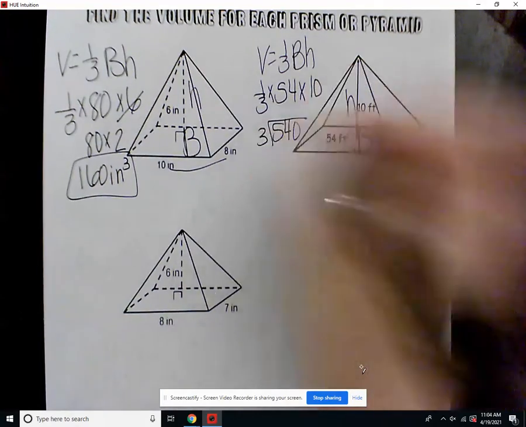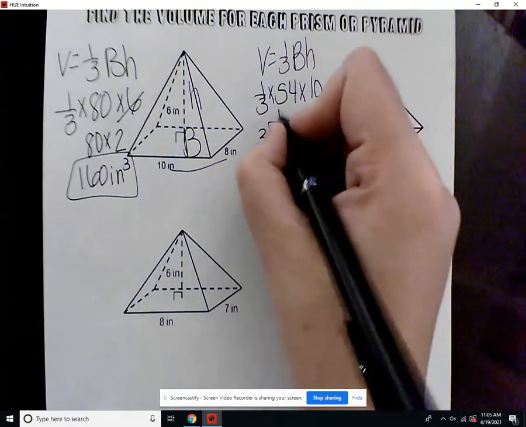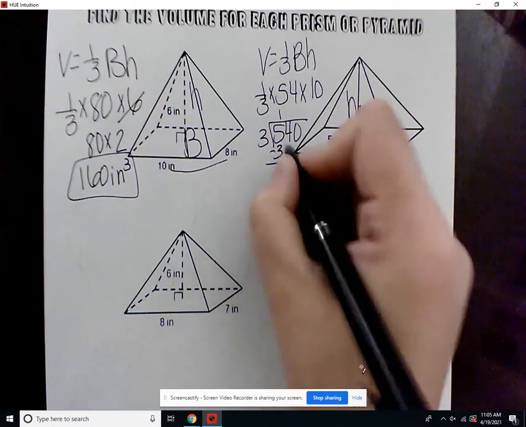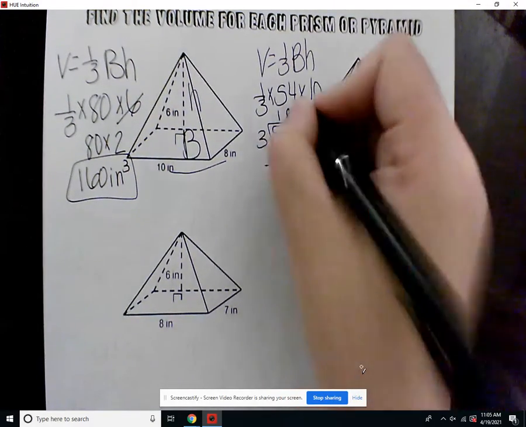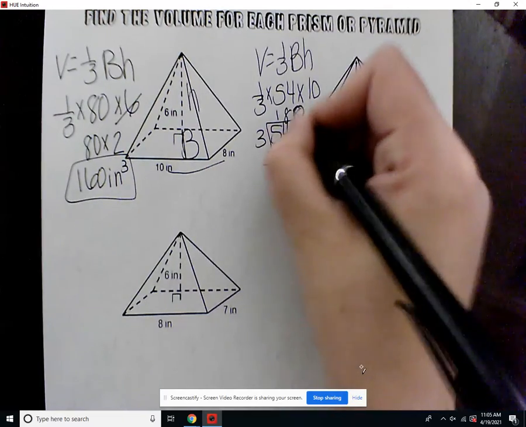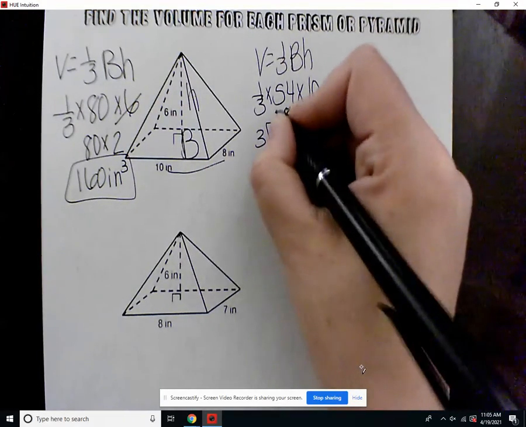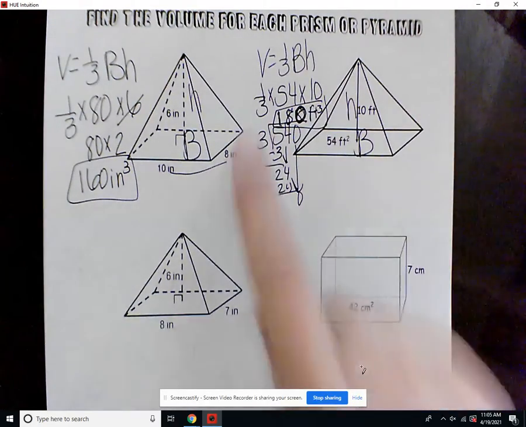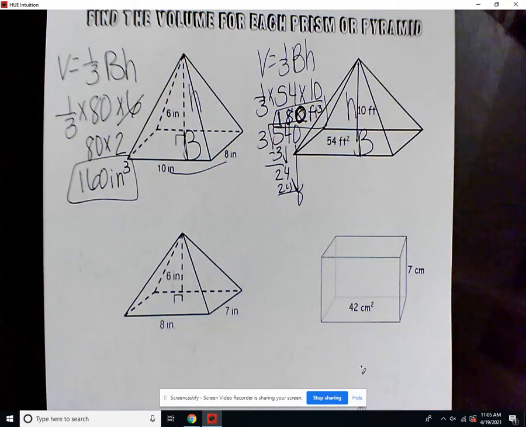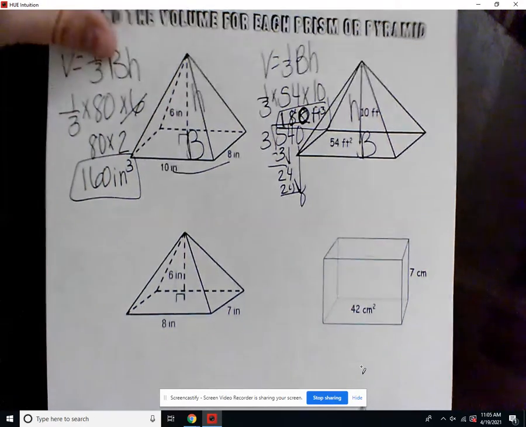And then I can divide that by 3. And we get 180. So we could have divided 3 into 54. But like I said, I don't know that off the top of my head. So I try to find the one that you can divide easily in your head.